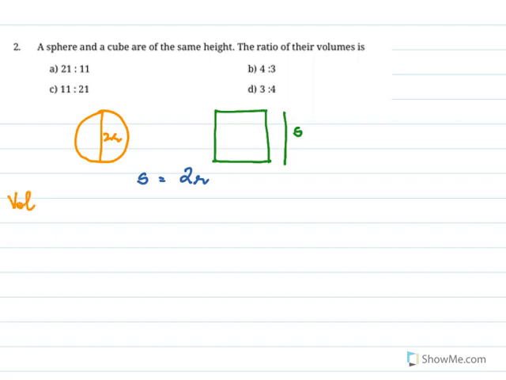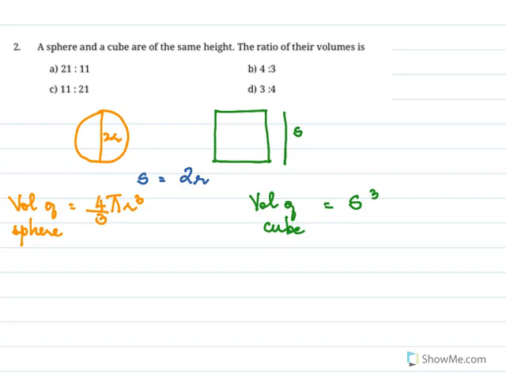Now the volume of sphere equals 4 by 3 pi r cube, and volume of cube equals s cube, s into s into s.